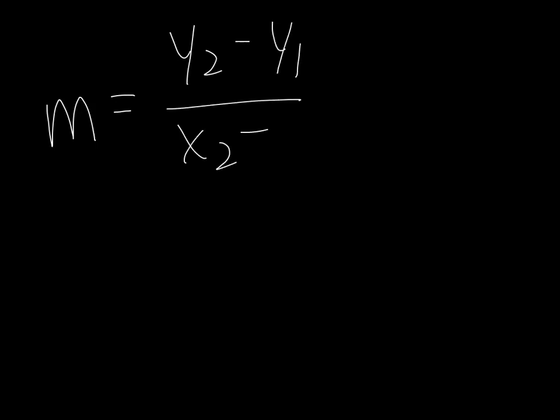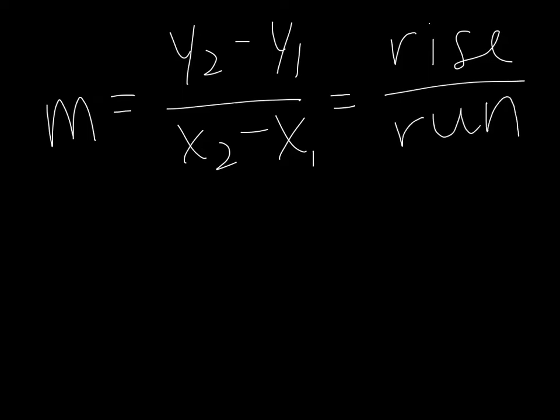So what does this equation mean? Once again, m equals y sub 2 minus y sub 1 over x sub 2 minus x sub 1. The top part is your rise, since y is your vertical component. The bottom part is your run, since x is your horizontal component.